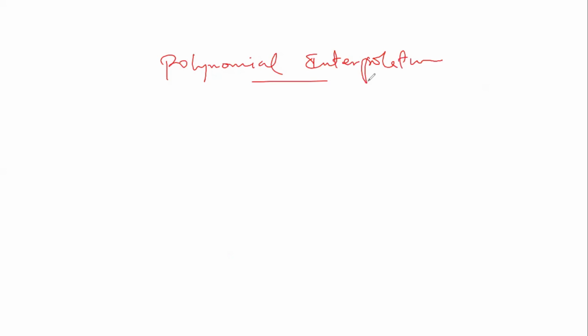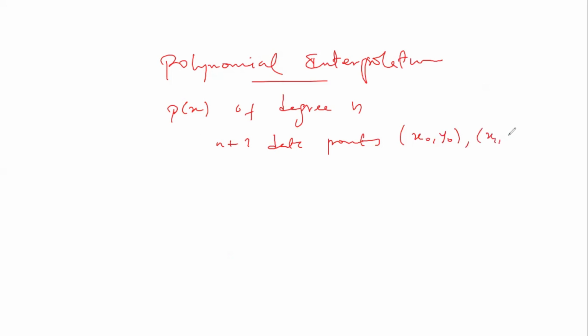So when we talk about polynomial interpolation, it's actually the process of fitting a polynomial, say P of X, of degree n, that passes through n plus 1 data points, such as (x0, y0), (x1, y1), (x2, y2), and (x3, y3), all the way to (xn, yn). The advantage of using polynomial interpolation is that it produces an exact fit for the data, okay?